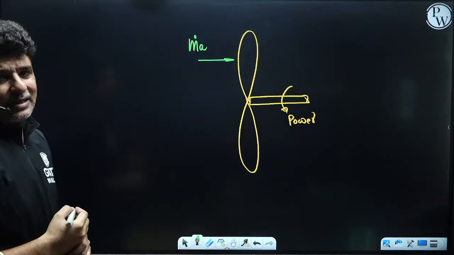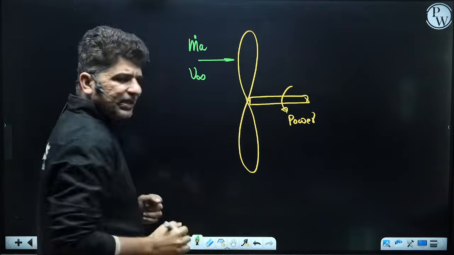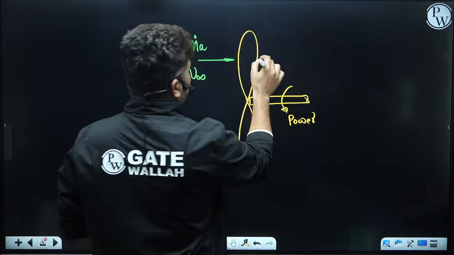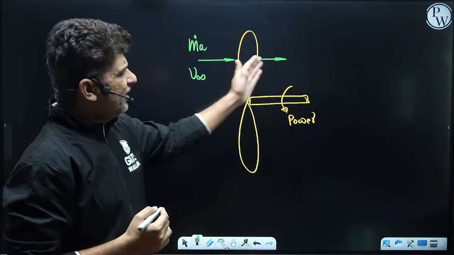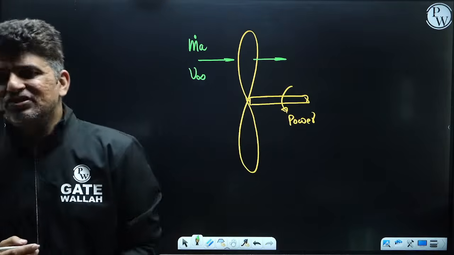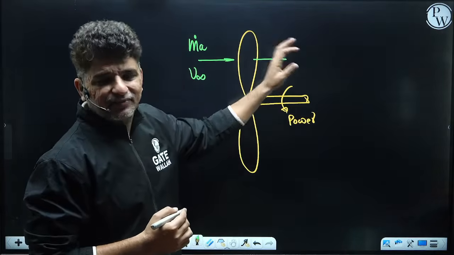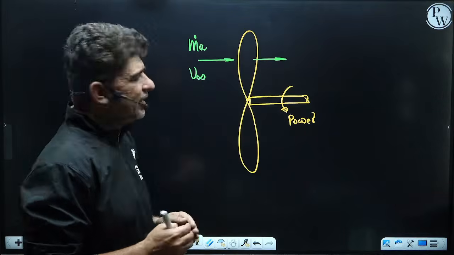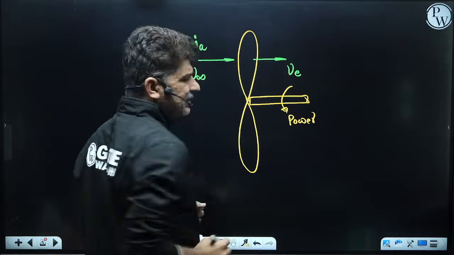And the velocity with which it is sucking air is again v infinity. When the air is going out, it will be moving with a velocity which is slightly higher. We will see how the velocities look. So this will be moving with the velocity v exit.